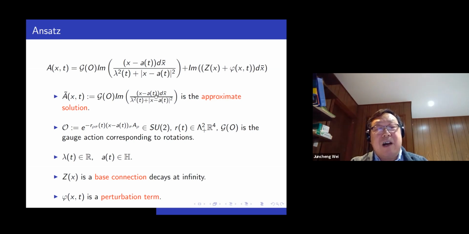So this is our approximate solution, and we have a scaling parameter, we have a translation parameter, and we also have a rotation parameter. And this rotation parameter corresponds to the gauge. We have to choose a certain gauge.